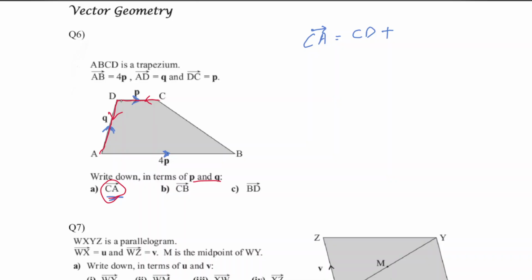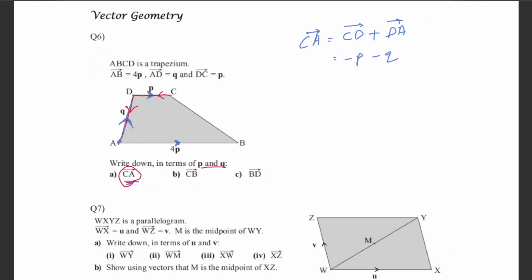We have to go from C to D and after that D to A. So what is CD? DC is p, so CD will be minus p, and DA will be equal to minus q. As I told you, I am taking negative of q because I am going opposite to the given direction. If I were going from A to D, I would have taken q, but I am going from D to A. That's why I am taking negative of q. I hope this is clear to you. So this is part A.